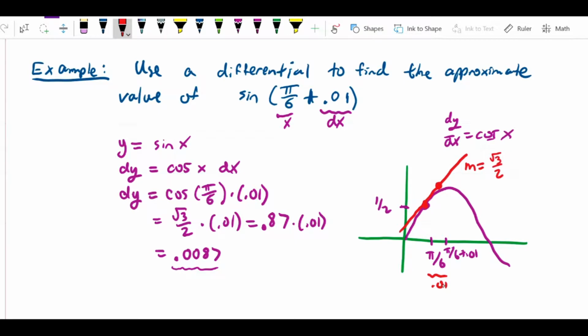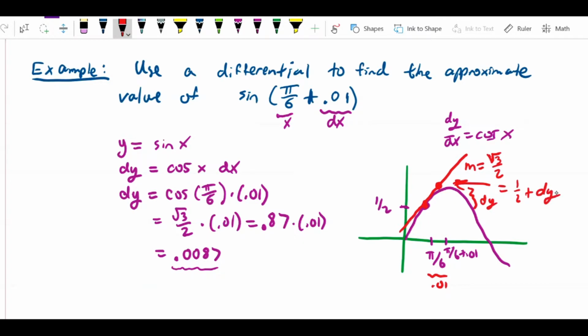So when I moved 0.01 to the right, in other words, if the run was 0.01 in the horizontal direction, I must have risen in the vertical direction by the slope, root 3 over 2, times 0.01. So what that means is that this point here must equal 1/2 plus this rise along the tangent line, which is what we call dy.